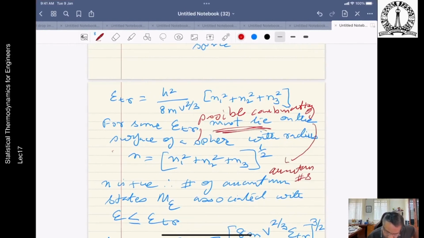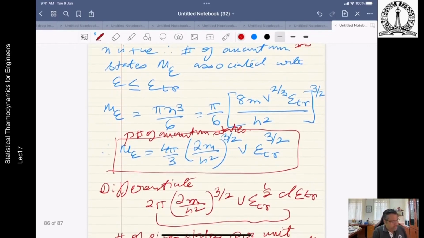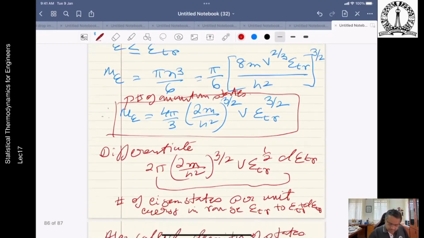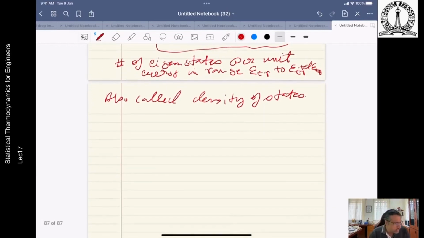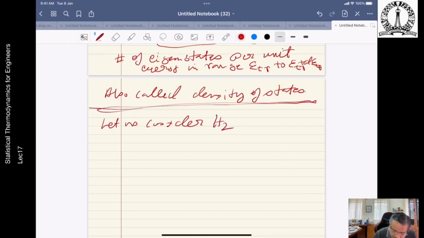Must lie on the surface of the sphere with radius this. Right. So we take a small example here. Let's consider hydrogen at a temperature of 98 Kelvin.